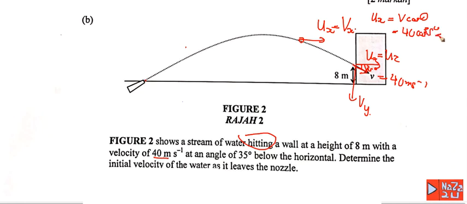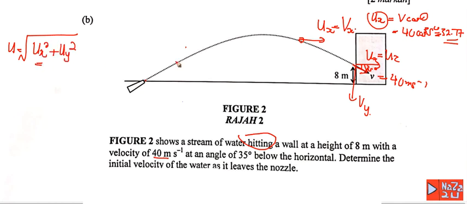With a calculator, this is equal to 32.77. This is the ux. Because you want to calculate u, you must find the value of ux squared plus uy squared. So ux has already been calculated, 32.77. Now the problem here is uy.